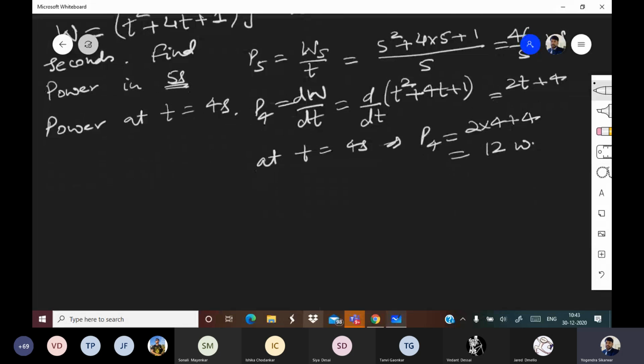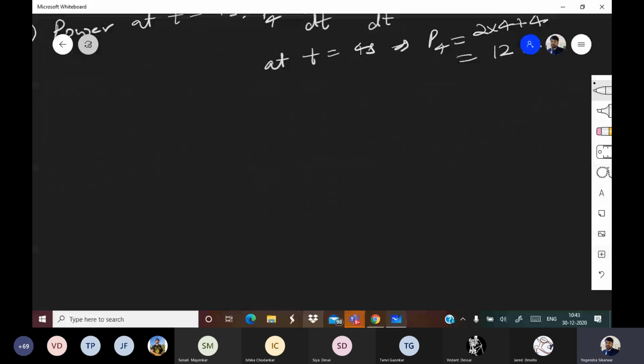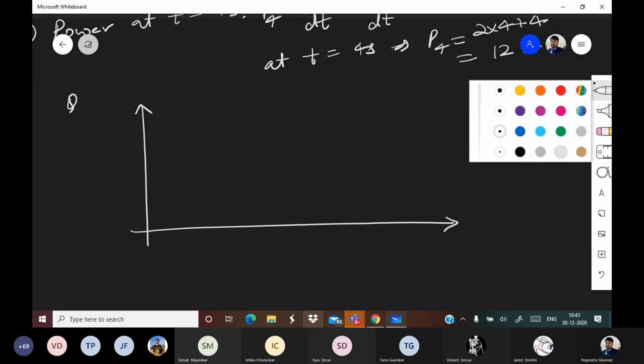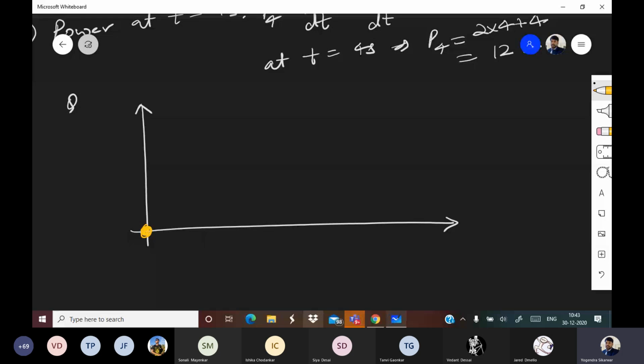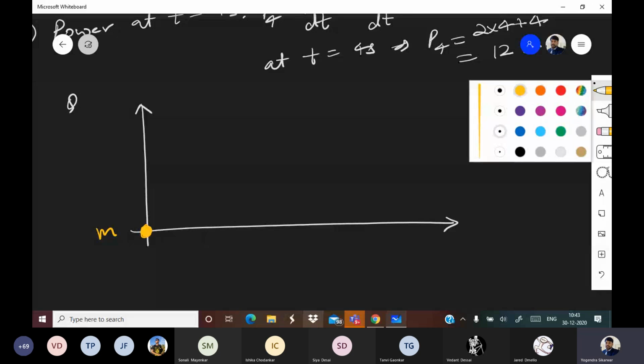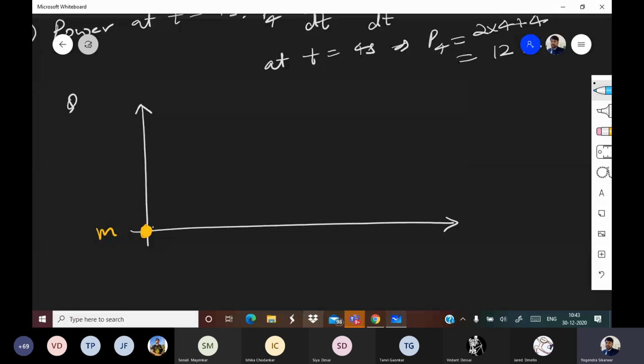Next question. So this is a ball of mass m and it has been projected from ground with angle theta and speed u.